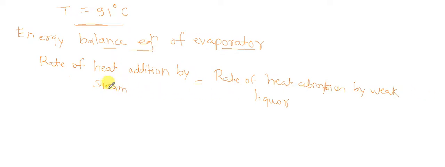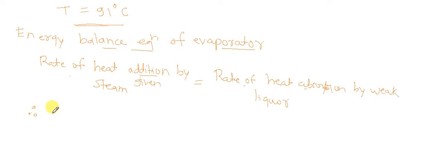So heat is given by the steam, therefore the rate of heat given by steam is equal to the rate of heat absorption by the weak liquor. We have these formulas already. Last time I derived this formula.